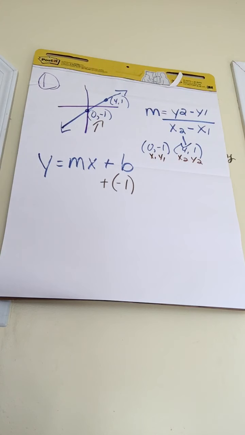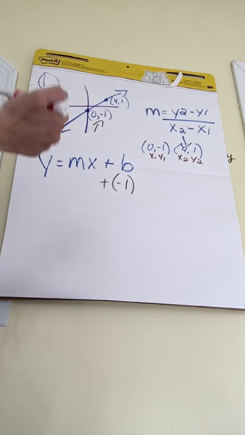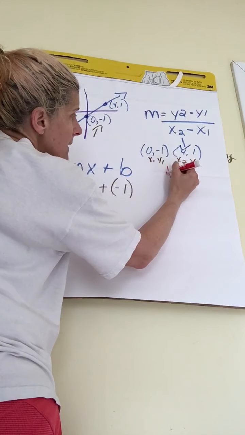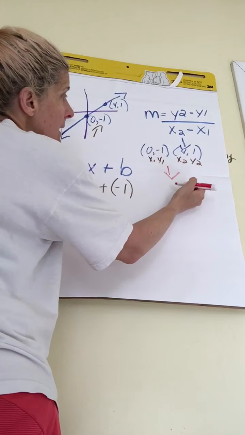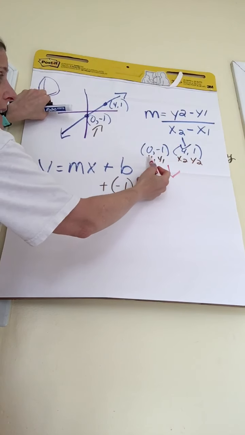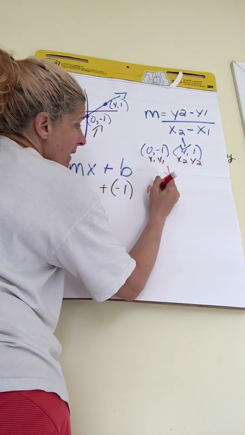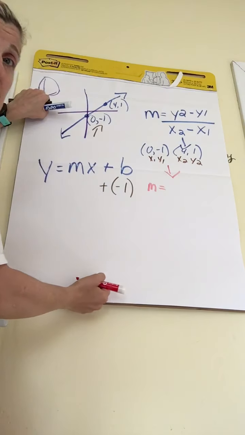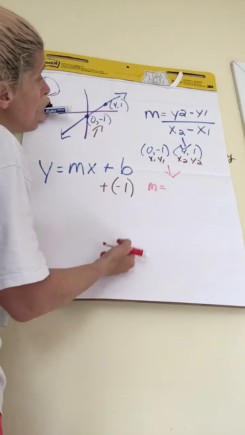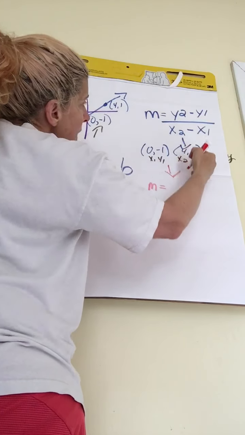Okay? From there, I'm going to see if my red shows up on the paper. That's okay. So from there, I plug these into my formula. So m equals y2 minus y1.